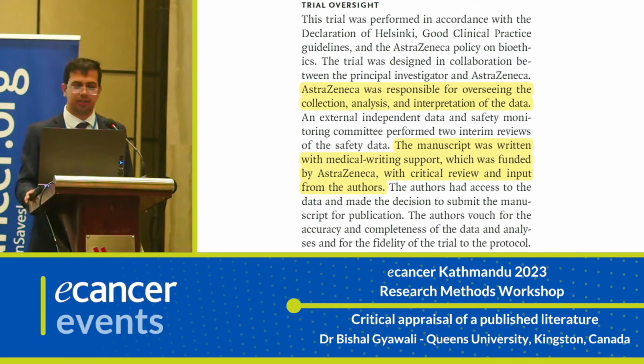Okay, the other issue is that of crossover and post-protocol therapy. What does that mean? Again, if you want to read about this in detail, I would encourage you to read this article. But what this means is, let's say it's a trial of drug A versus drug B, and the patient will progress at some time from drug B. So once the control arm patients progress, are they allowed to receive the experimental agent?